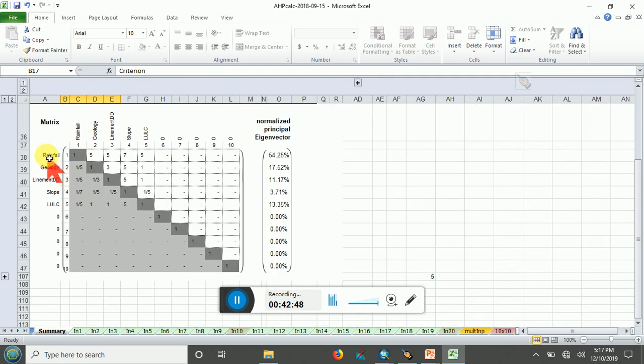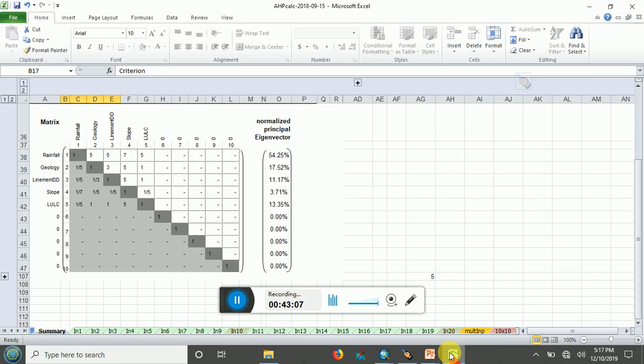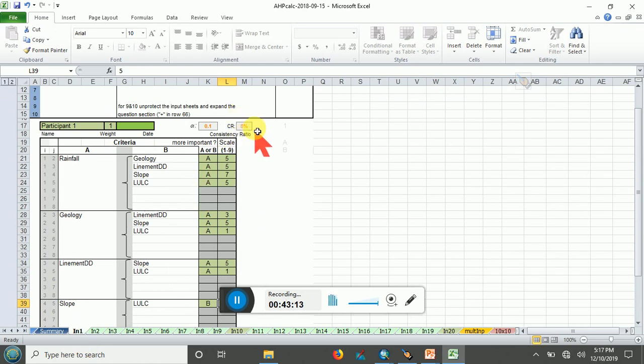I mean 5x5, yeah? 1, 2, 3, 4, 5, and 1, 2, 3, 4, 5. We have a 5x5 matrix. So for a matrix larger than 4x4, 0.1 is okay. In our case we had 0.08, so we are safe, no? We are safe.